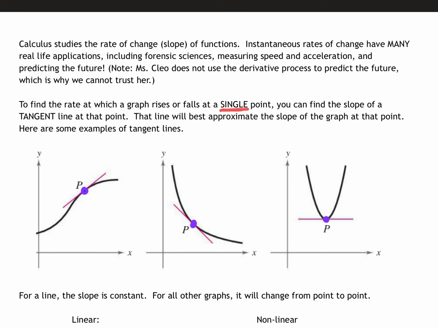Imagine if I were to extend my tangent line out a little bit in that first graph. Well, now it looks like it's going to intersect this function again. And that's fine. We don't care about what's happening down the road. We're just focused on what's happening right at that point. So our goal would be to draw that tangent line so it just skips off the outside of the function.